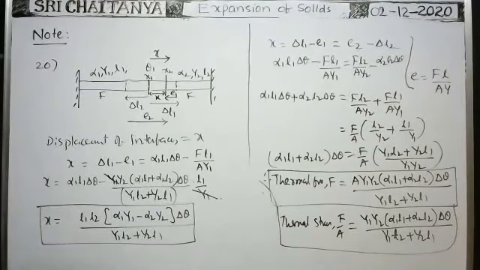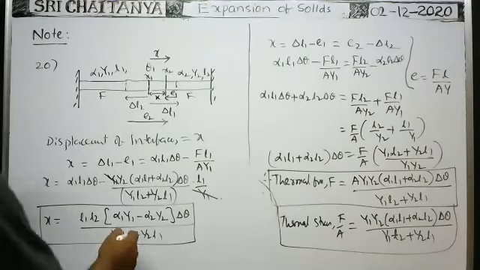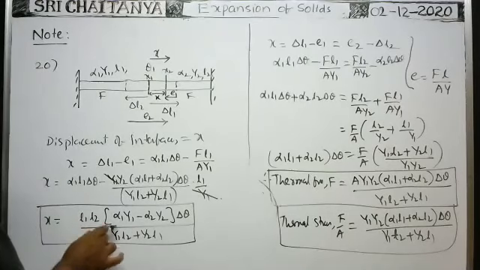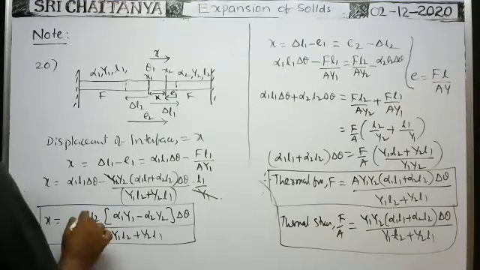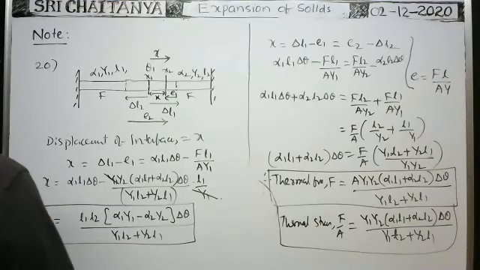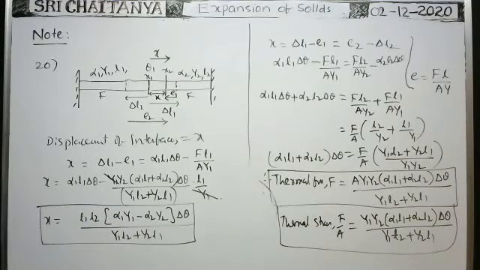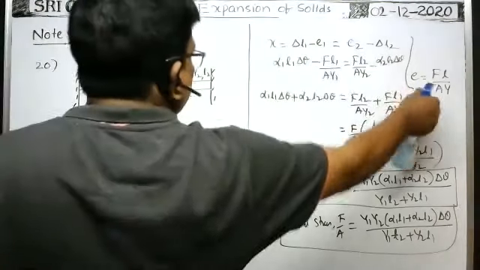If L1 and L2 both are equal, then you take L common. Here L square you will get, one L will be cancelled, only L0 will be there. If L1 L2 are equal, then we can write like that.